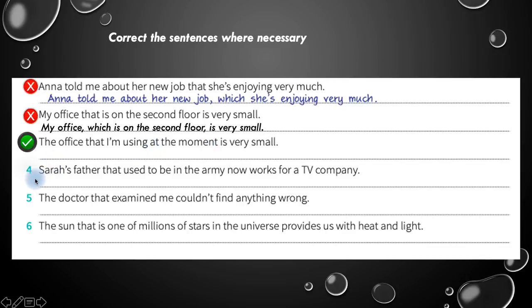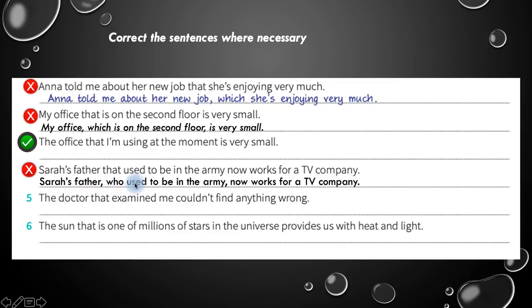Number 4, Sarah's father that used to be in the army now works for a TV company. Are there any mistakes in this sentence? Yes, there are. Now here is the correct version.